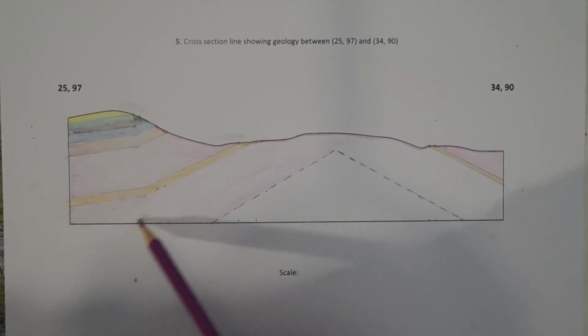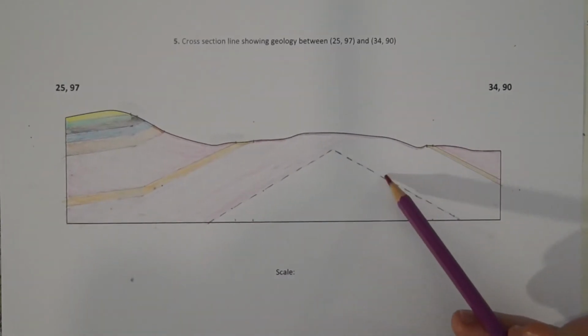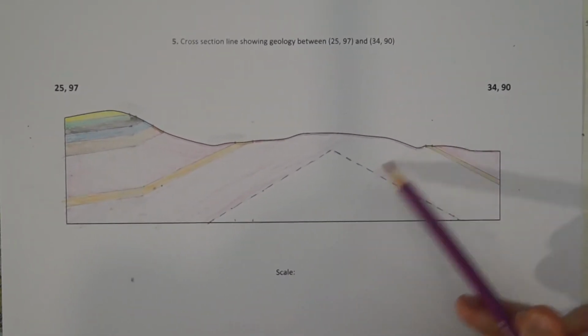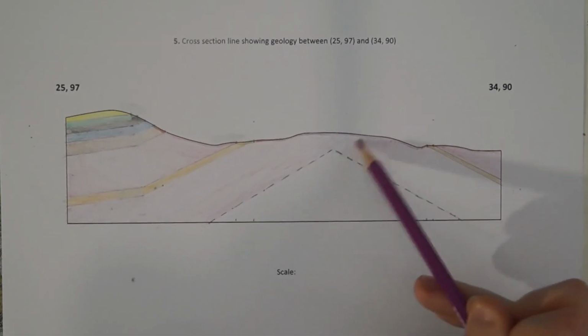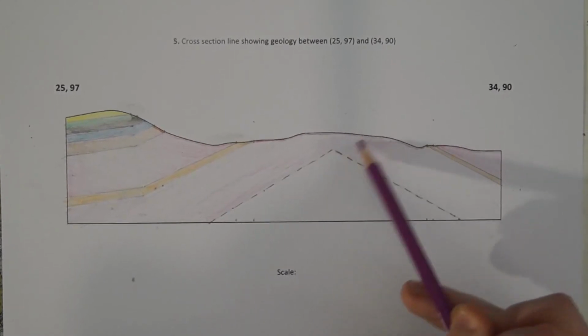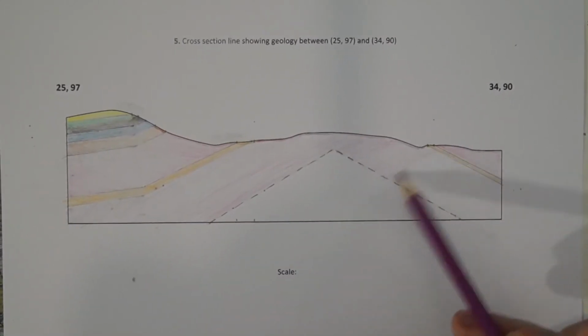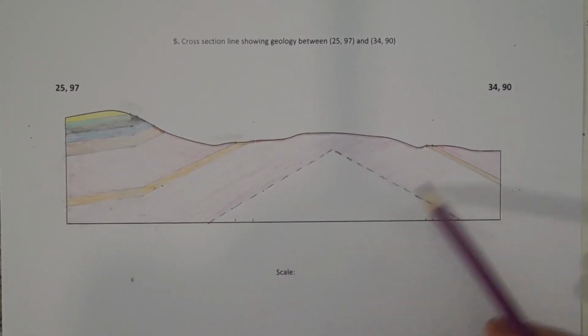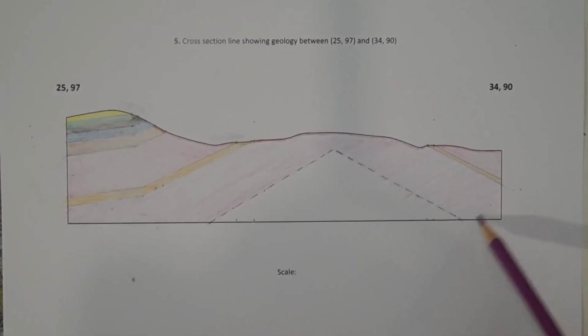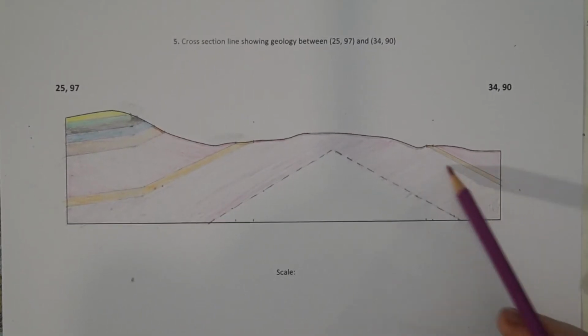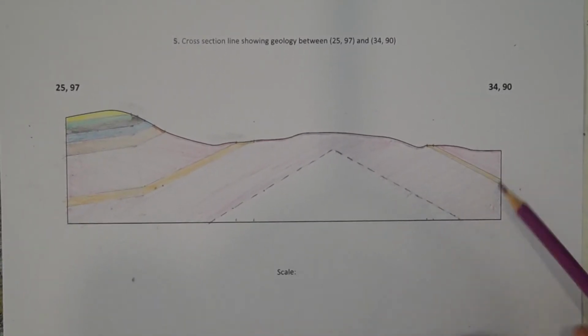So that's our Raglan Marl group, and then finish it off on this side of the fold. Great.